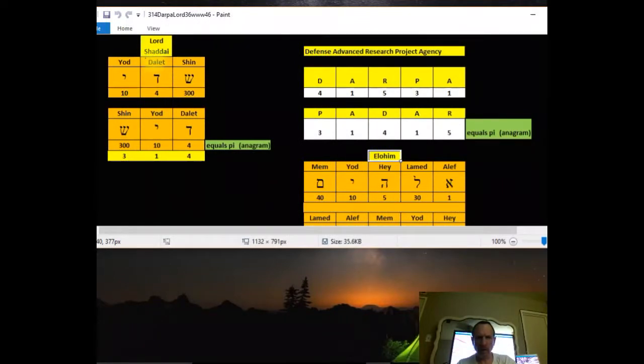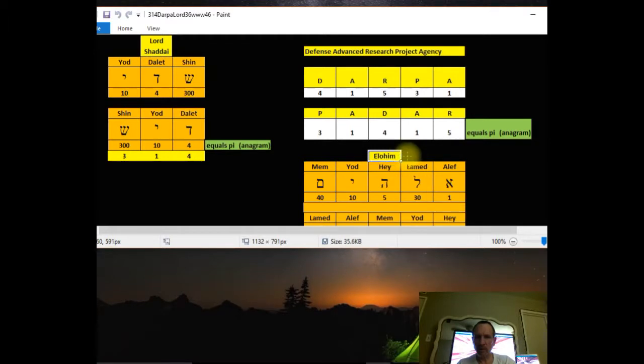The name Shaddai, which means Lord in Hebrew, we see in its anagram a representation of pi at 314, its Hebrew gematria value. DARPA, which means Defense Advanced Research Project Agency, its anagram encodes pi at 31415.